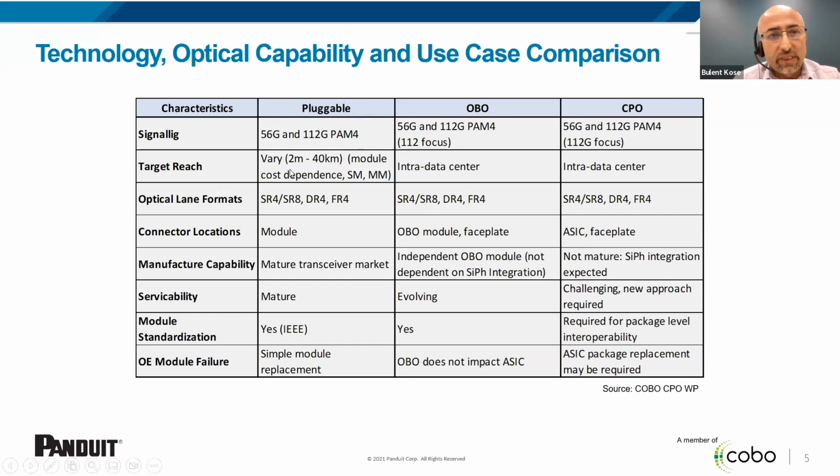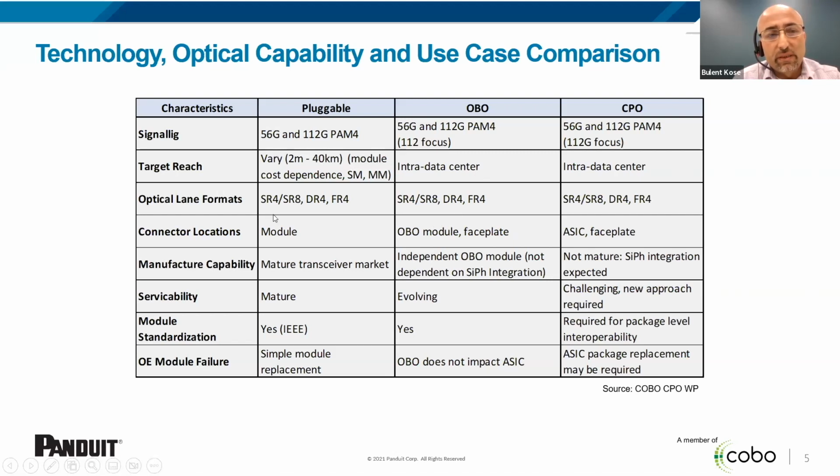For target reach, the pluggables obviously are very flexible. You could have different versions of these, DR, FR. There's a multi-mode version and a single mode version, to address different reaches: short reach, data center, hyperscale data center, intra data center, inter data center. For OBO and CPO, we're looking at intra data center applications only.